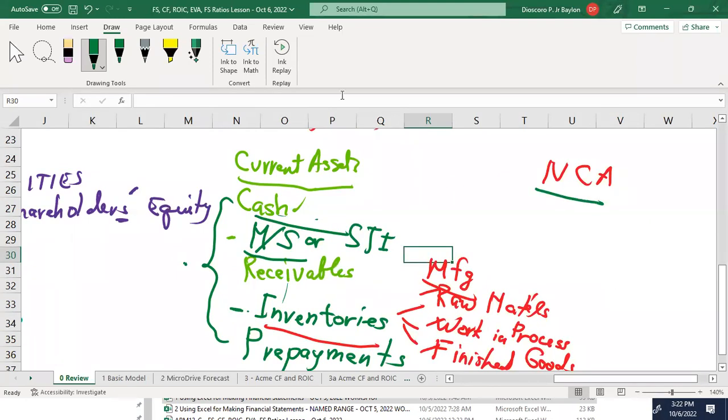Okay, and then we have the NCA, non-current assets, and this takes the form of what? So what's this?